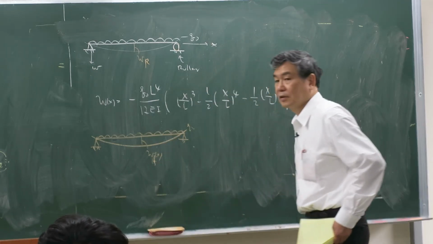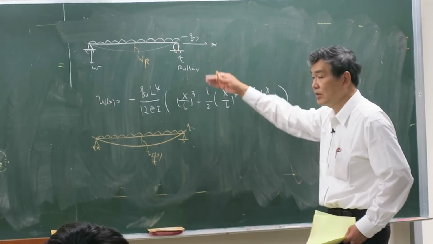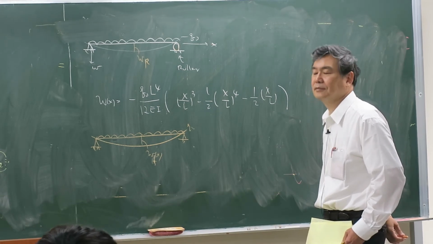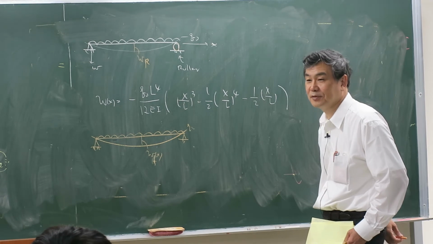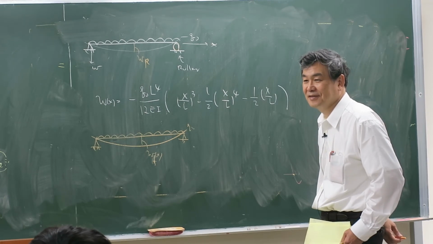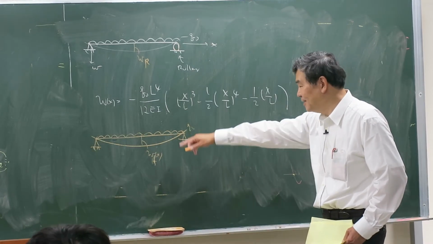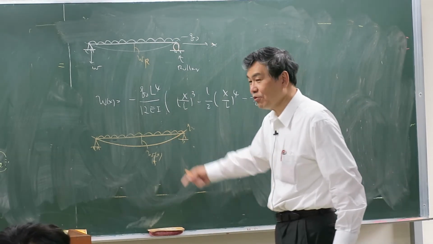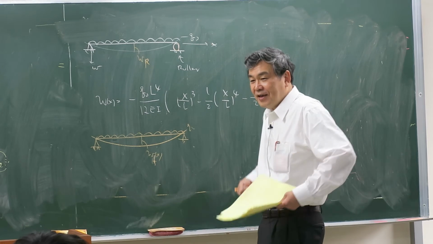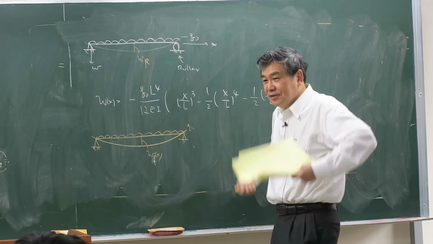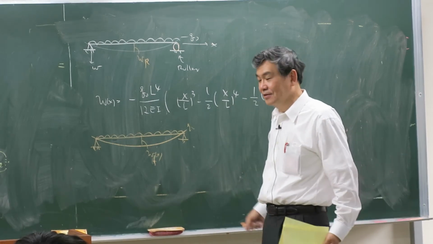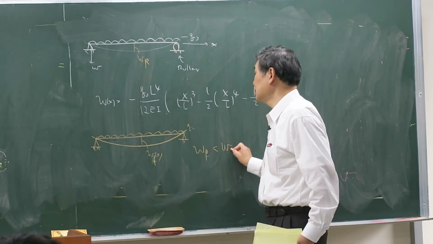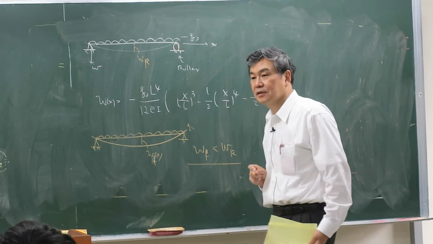Which deflection will be smaller? This idea is like a tendon, so this should be stronger. Like a hanging bed, you have a force pulling it. So this one should be smaller. Okay?